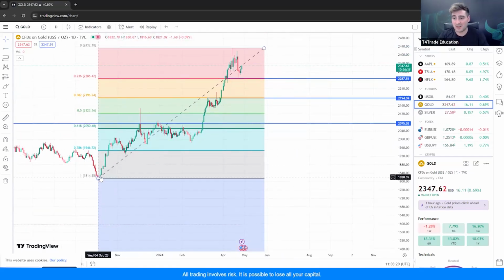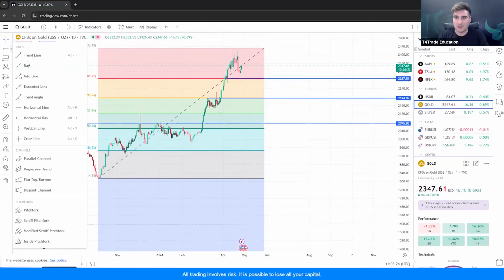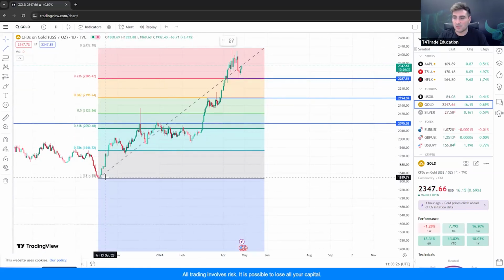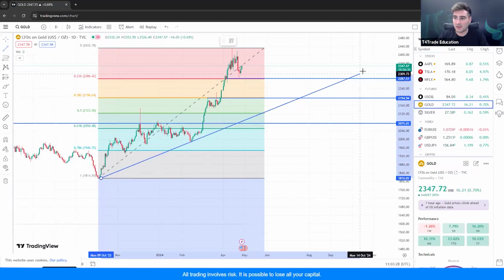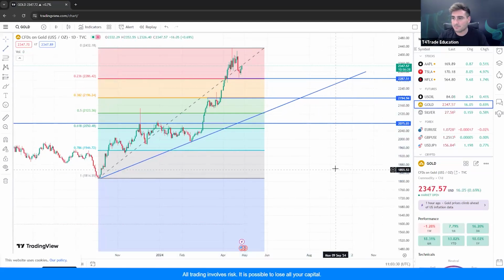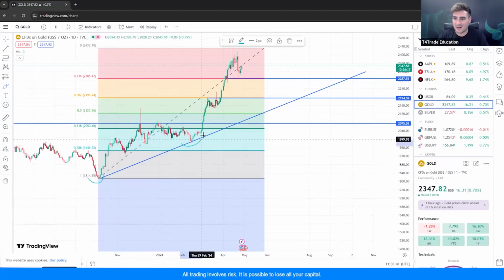Not much really, because it has an upward moving trajectory anyway. Let's do the trend line in order to validate this and see it clearly. This is the low, this is a higher low.